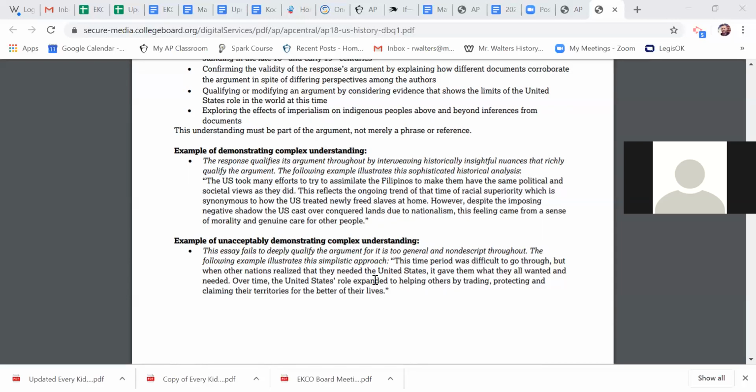This reflects the ongoing trend of that time of racial superiority, which is synonymous with how the U.S. treated new free slaves. However, despite the imposing negative shadow the U.S. cast over conquered lands due to nationalism, this feeling came from a sense of morality and genuine care for other people.